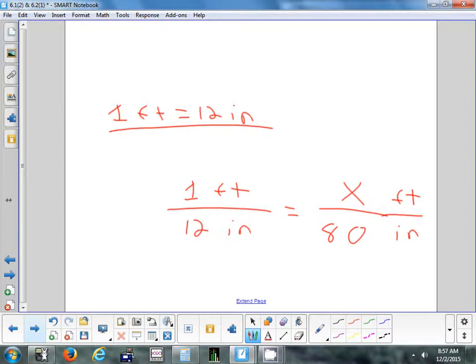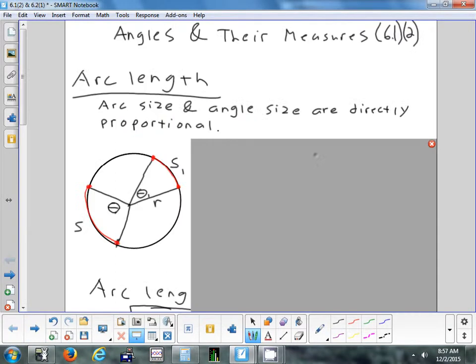And with a proportion, you cross multiply. But this is all based on knowing that fact. If you don't know this, you can't figure out anything. So you have to just know this already ahead of time. Same idea here. We have to know something ahead of time. And something we learned yesterday is going to help us.